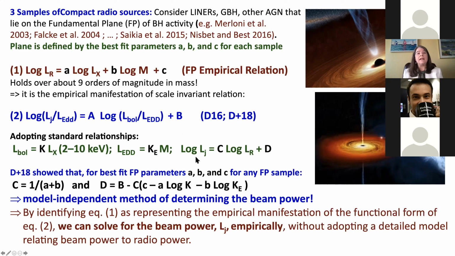The key point is that mapping the fundamental plane to the fundamental line, that is mapping equation 1 to equation 2, provides an empirical determination of the beam power without having to write down a detailed model relating the luminosity of the compact radio source to the beam power.